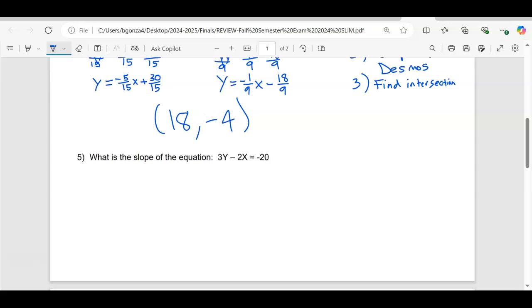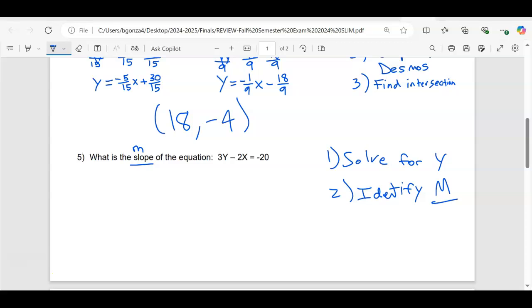Now, what is the slope of the equation? So to find the slope, the m, I'm going to have to solve for y, and then identify the m. So let's solve for y.